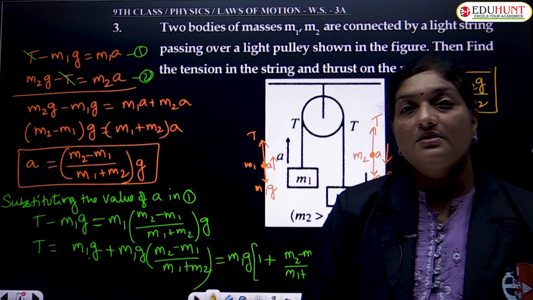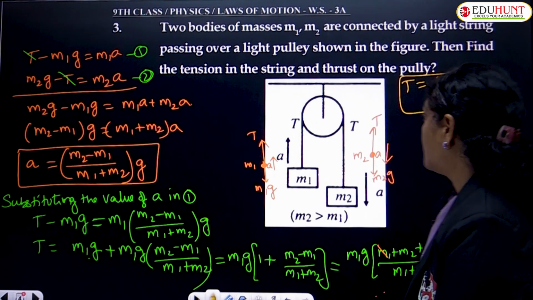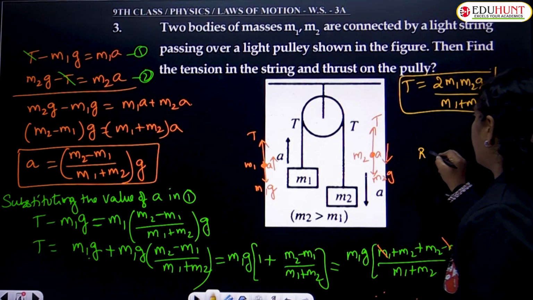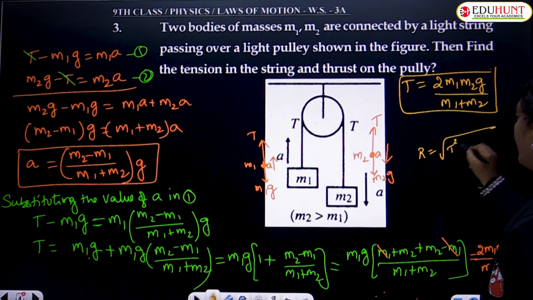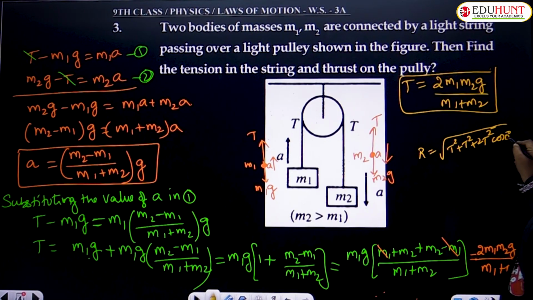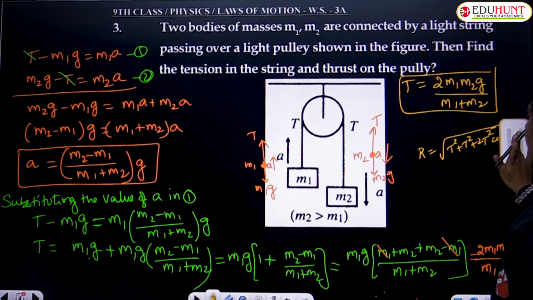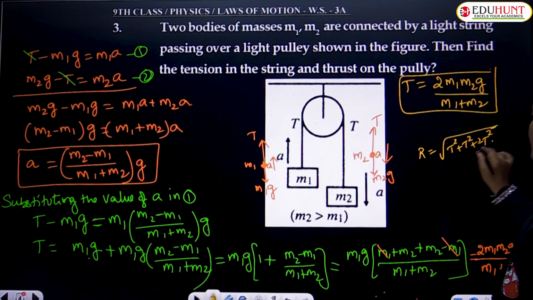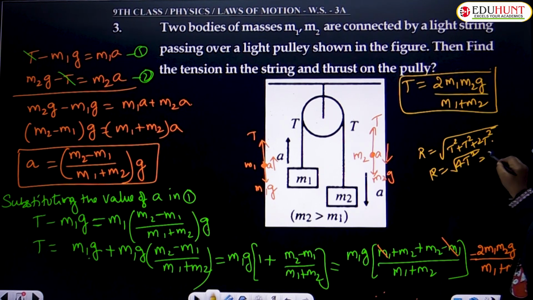Cos 0 is 1. You know that the resultant equals the root of T squared plus T squared plus 2T into T cos 0 degrees. Replacing cos 0 with 1, this becomes T squared plus T squared plus 2T squared, which is 4T squared, the root of which is 2T.